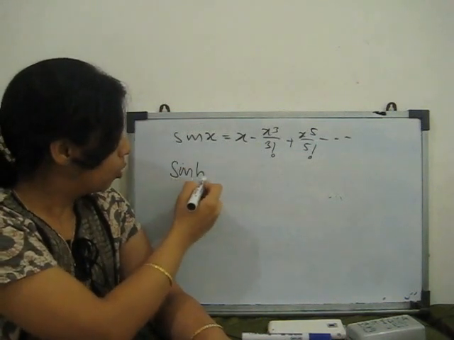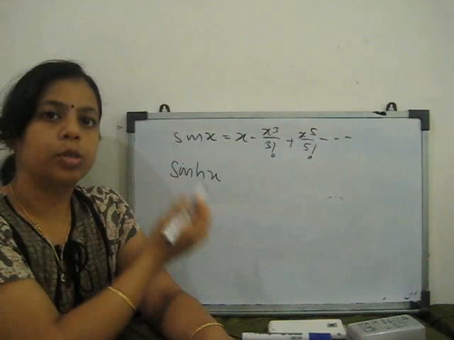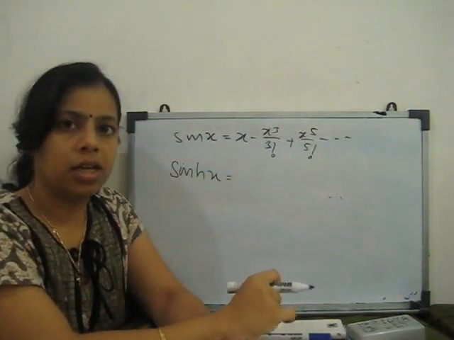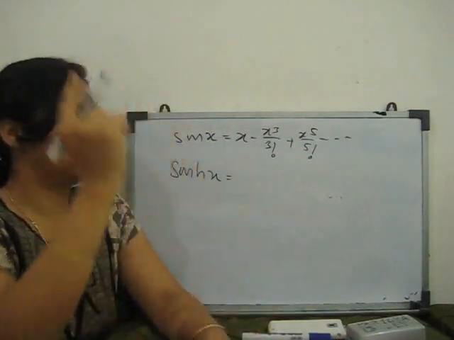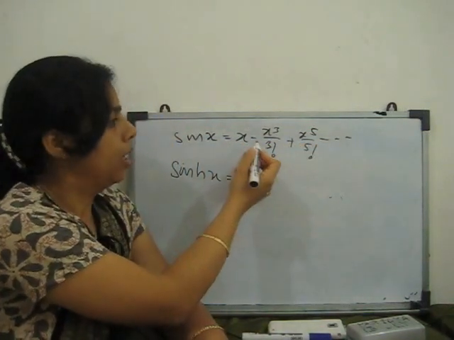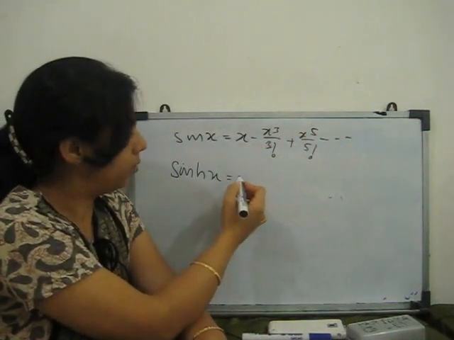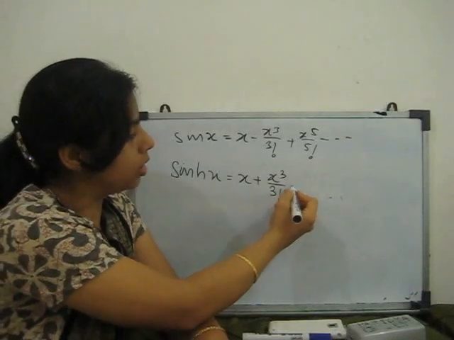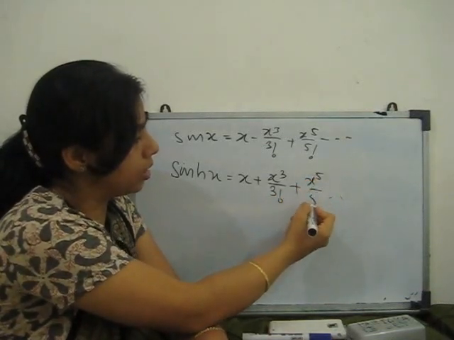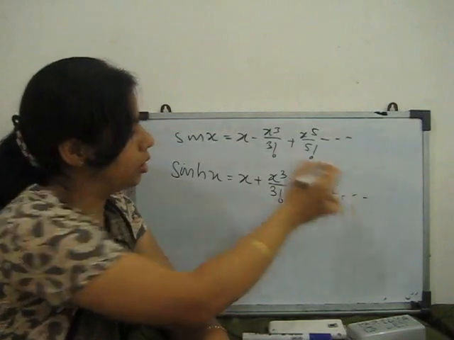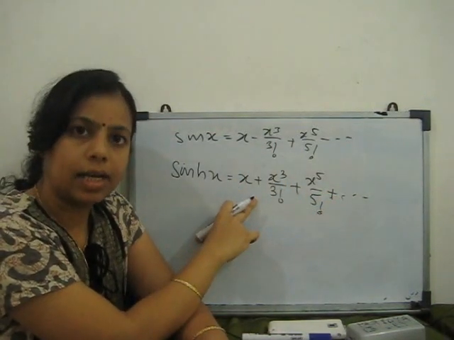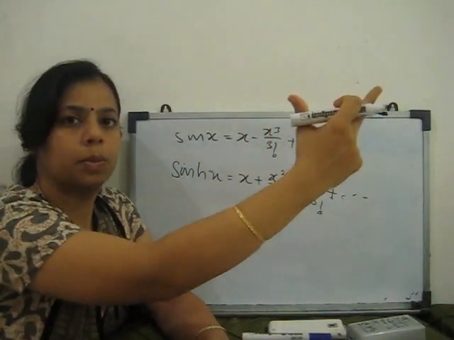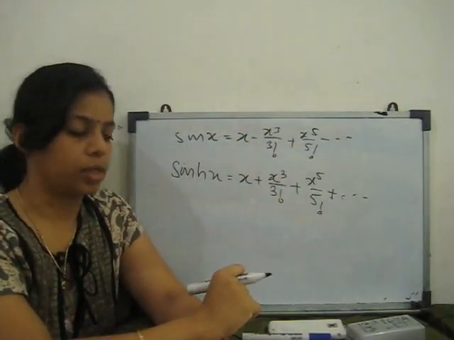I just gave you trigonometrical, then hyperbolic, so you can easily remember these forms. You can easily compare. This is similar, but one big difference is that every term has an alternate plus minus sign, but in sine hyperbolic every term has a plus sign only. No negative sign is here. So if your series is like that, this is called sine hyperbolic. If your series is alternating minus plus, that is sin x only.